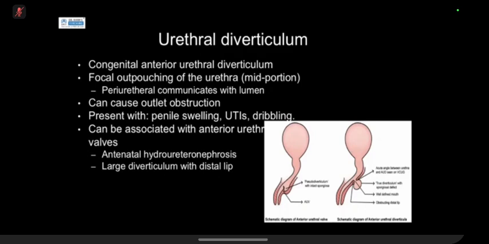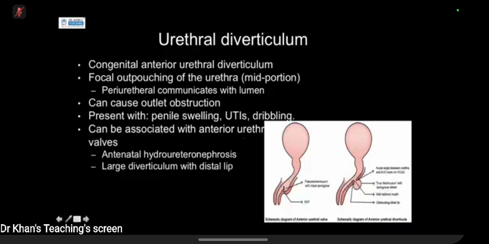But if it's not diagnosed early on in the neonatal period, then if they present later, they often present with penile swelling because they get the filling of the diverticulum. They can get recurrent UTIs because you've got stasis of urine within that diverticulum, and they can also have dribbling because the diverticulum then empties through the urethra, through the lumen, continuously after the child has finished passing urine.